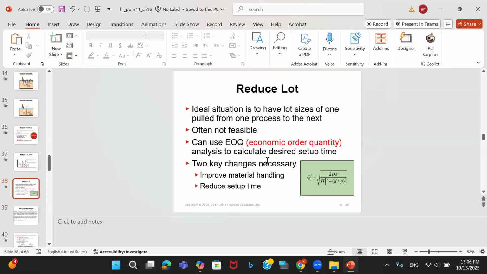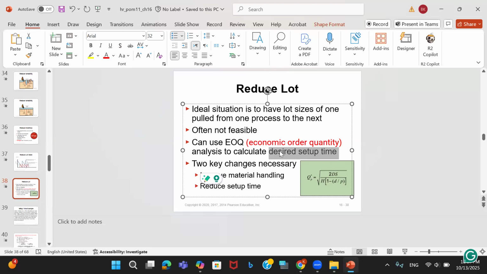Okay, so now we will use this equation, which is the EOQ, to calculate the setup time. So the ideal situation where we have lot size of one pulled from one process to the next one. So we can use the EOQ to calculate what we call the desired setup time.